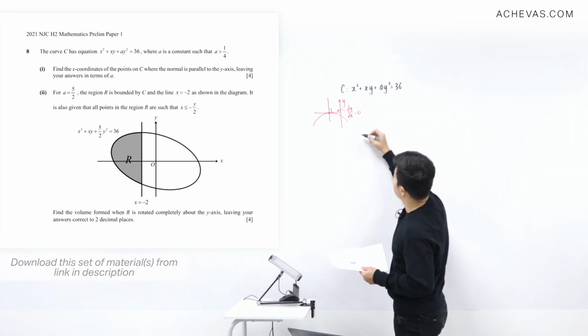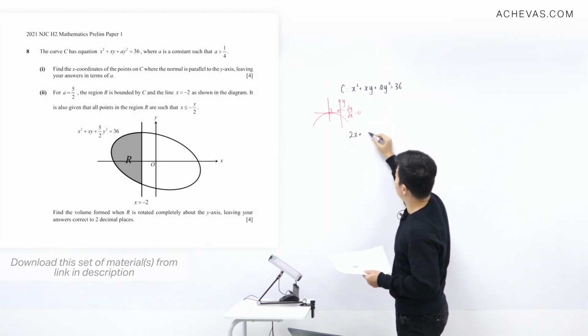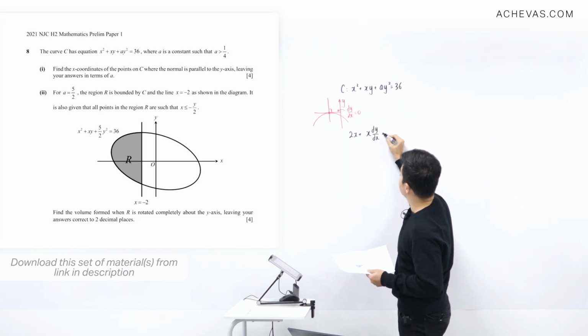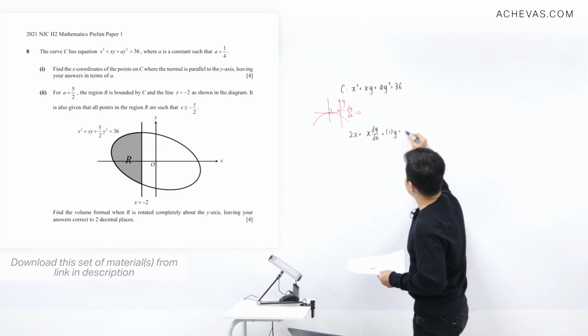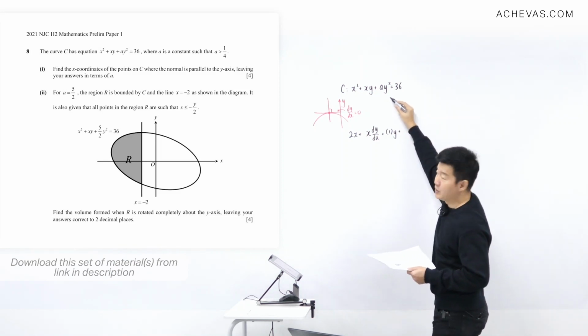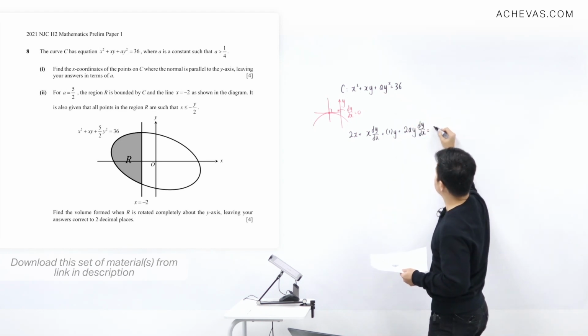So let's differentiate this with respect to x. It will be 2x plus product rule for this: x dy/dx plus differentiating x, which is 1, times y, plus implicit differentiation, 2ay dy/dx, equal to differentiating 36, which is a constant.